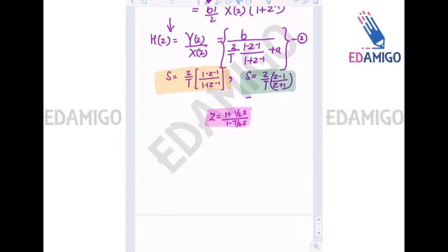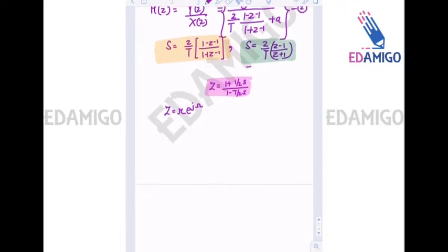Okay, now as we know that Z is equal to R e to power j, the digital frequency. So now putting this, we get that S is equal to 2 by capital T, using this equation, R e to power j, the digital frequency, minus 1 upon R e to power j, digital frequency, plus 1.